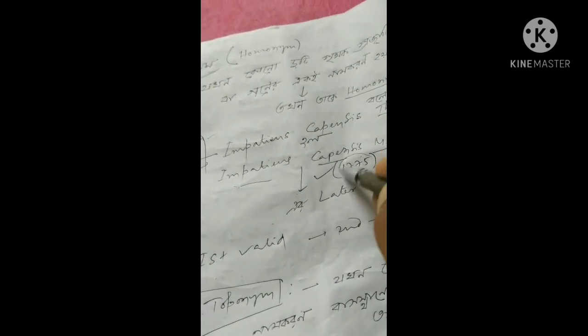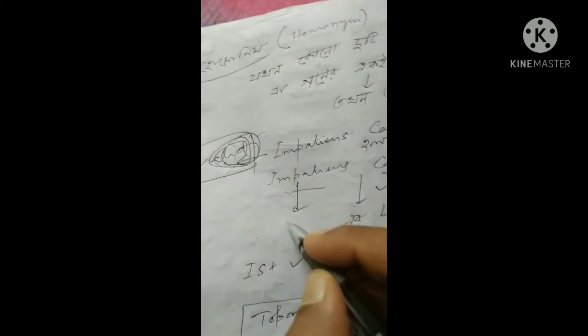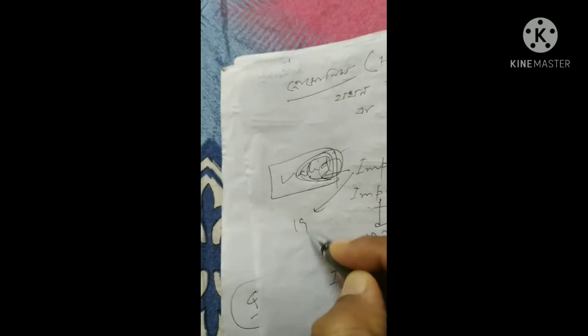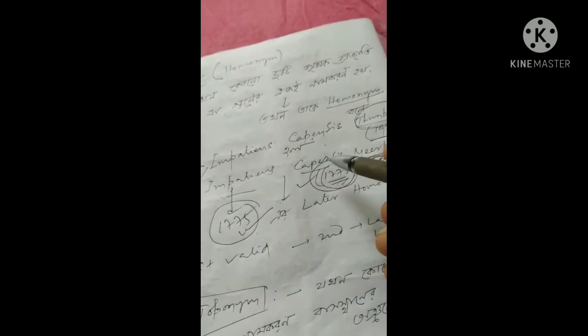So Impatiens capensis Meerburgh, that scientific name appeared in 1775. But the same nomenclature was given in 1974; only the scientist's name is different. So the first one was discovered in 1775 and the second in 1974. In that case, the first one will be validated, and the second one will be regarded as the later homonym. So you have to remember.